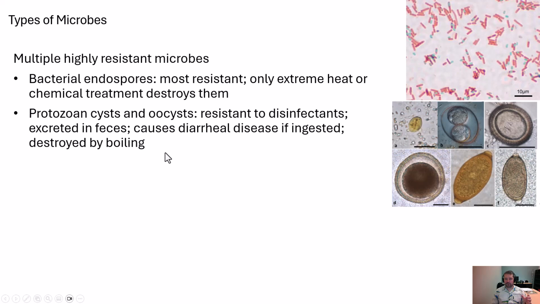What you can't often do is spray it with disinfectants. They're extremely resistant to most disinfectants, because a lot of the disinfectants are working on destroying a lipid layer, and the outer part of the oocyst resists that disinfectant. So the best method, I guess, would be to boil it.